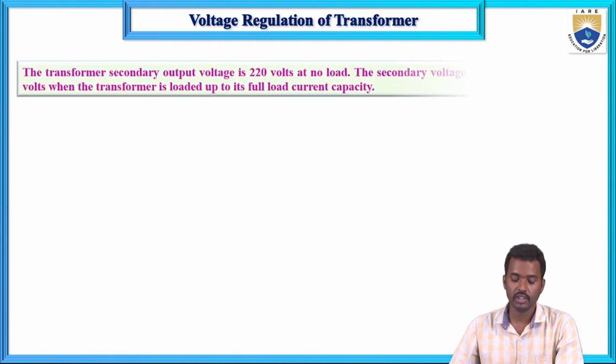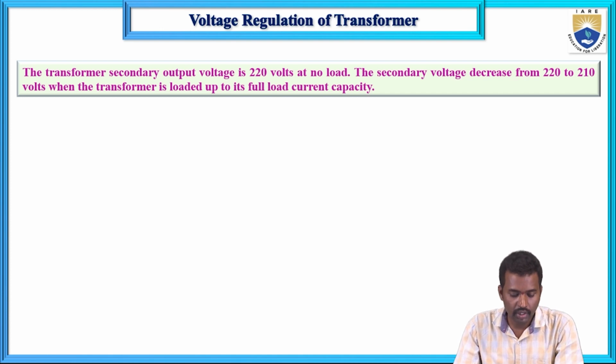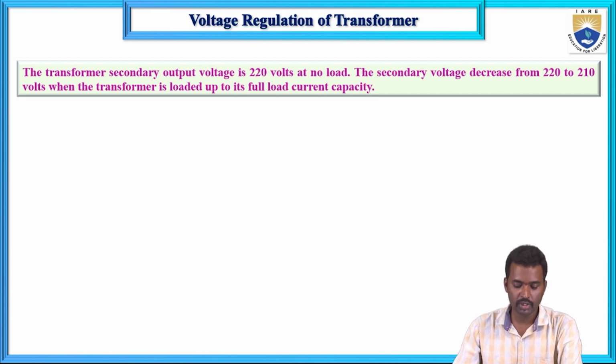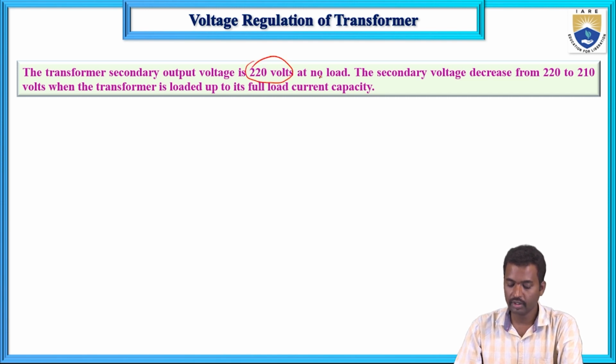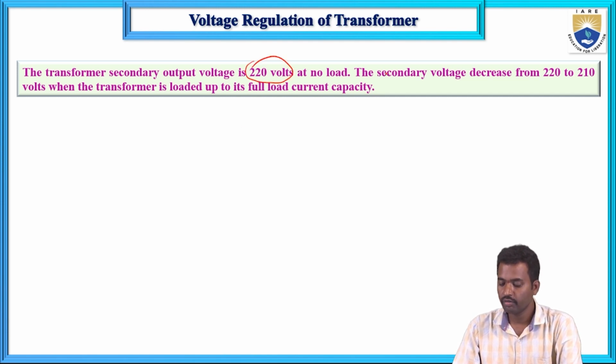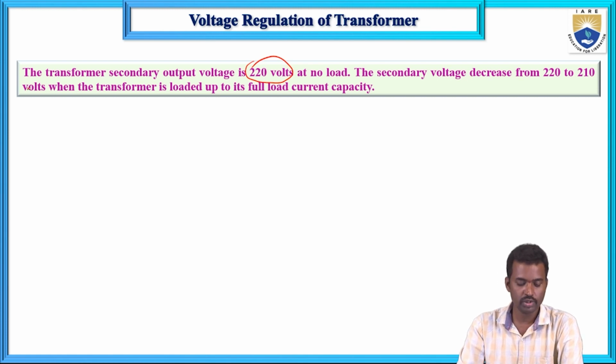Now let us take one problem. The transformer secondary output voltage is 220 volts at no load, and the voltage decreases from 220 volts to 210 volts when the transformer is loaded up to its full load capacity.